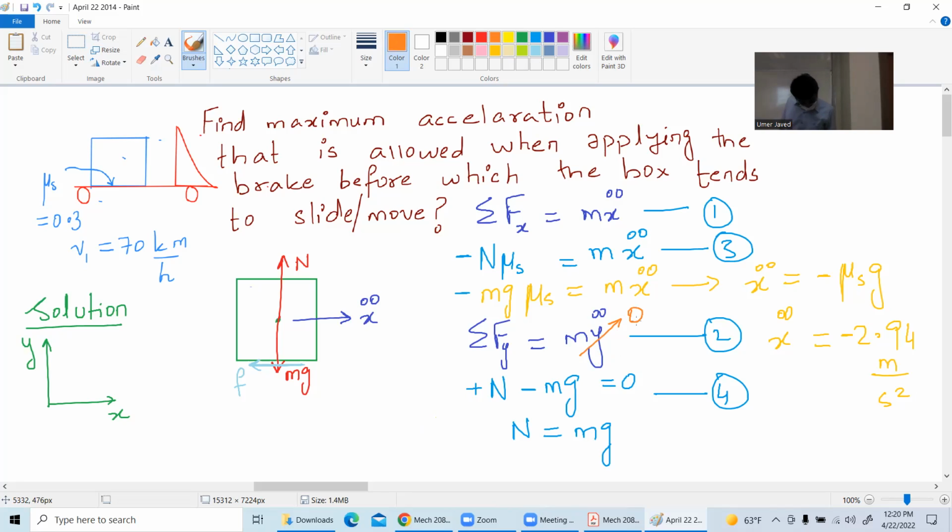I'm trying to ask that, say the car goes like this, and after that, after some time, we brake, and the box goes like this, right? X double dot is not the acceleration of the box, it's the acceleration of the car, or of both the box and the car, right?